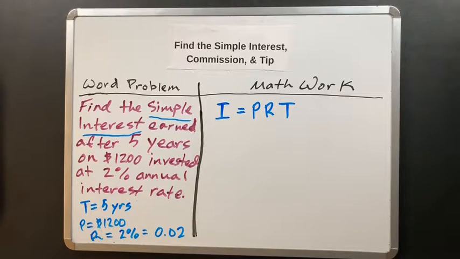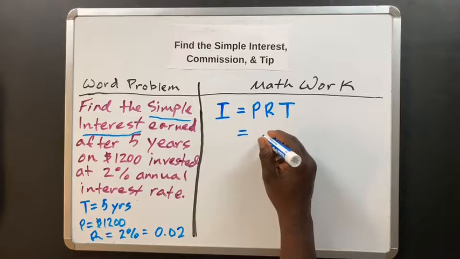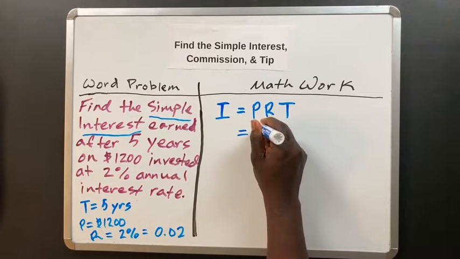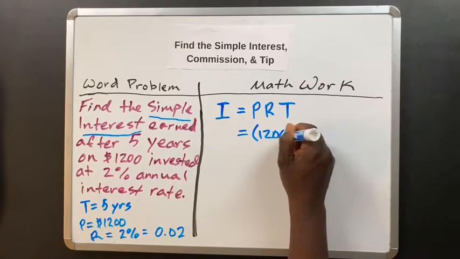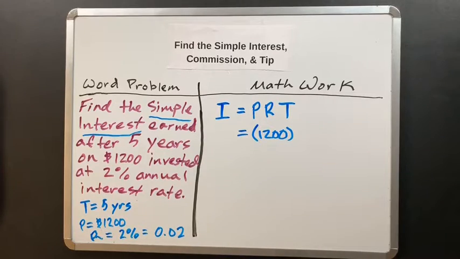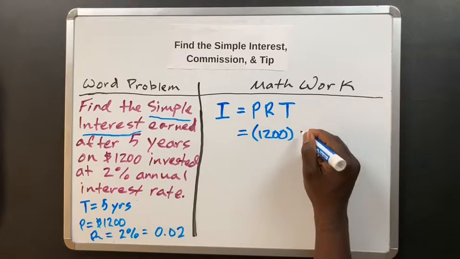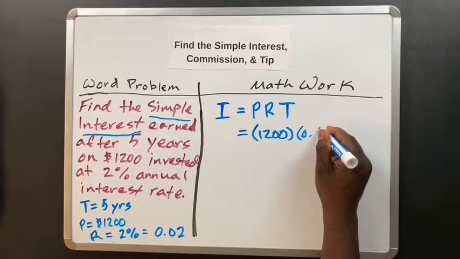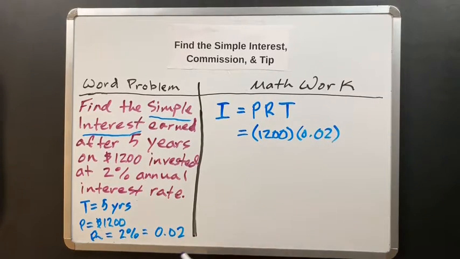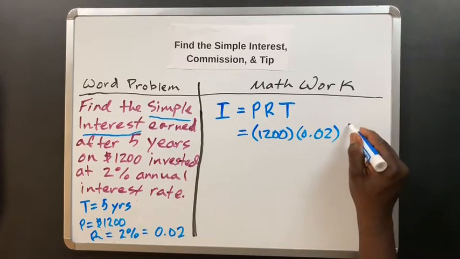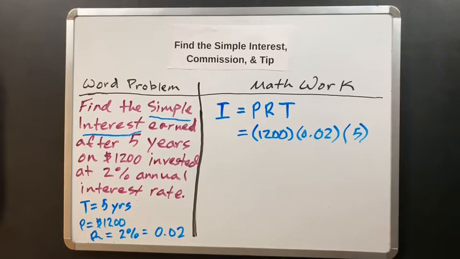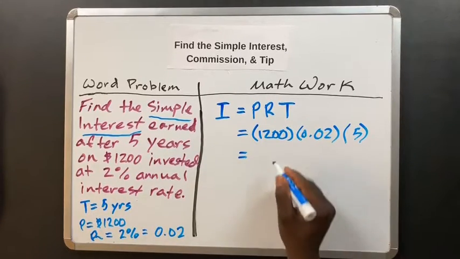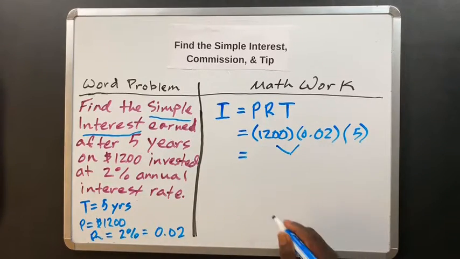So let's go ahead and substitute. So the principal is $1,200 multiplied by the rate, which is 0.02, times the time, which is 5 years. Okay, now let's go ahead and multiply. I'm just going to take the first 2 numbers and multiply them.